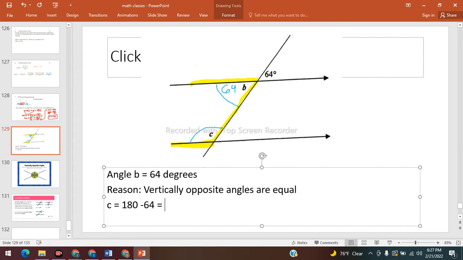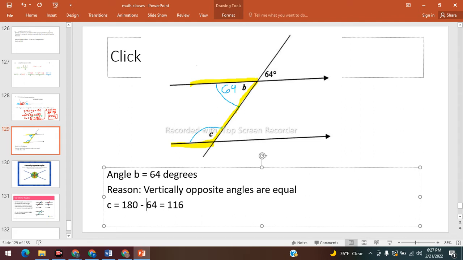What is 180 minus 64? 116. Yeah, 116. So 180 minus 64 is equal to 116.